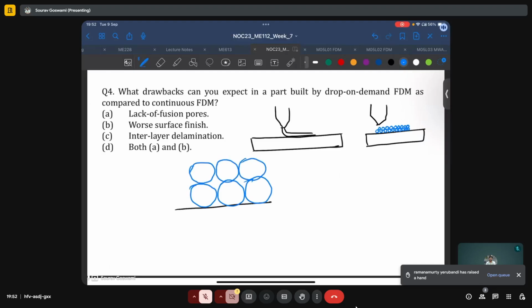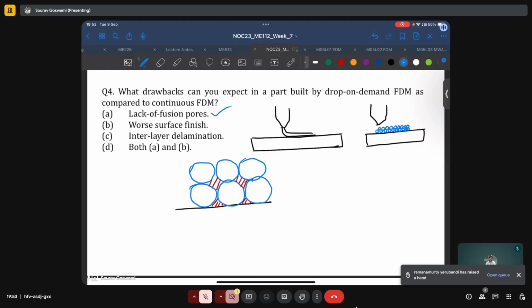Now, since here the deposition is in the form of these discrete drops, what we can clearly see is all of these regions between these drops are indeed susceptible to the formation of voids, and so the lack of fusion pore formation is highly probable.